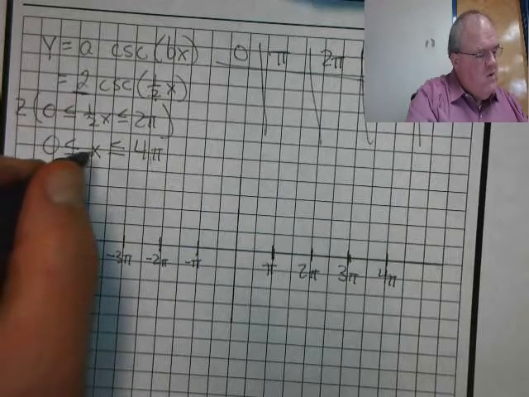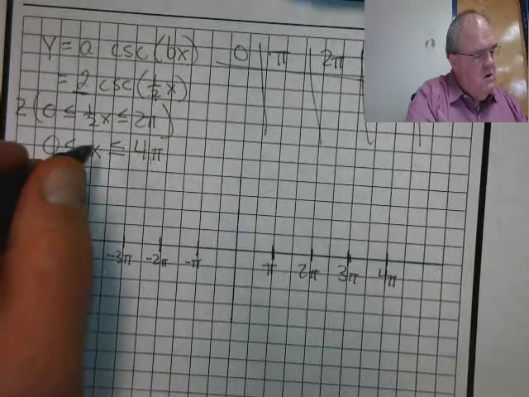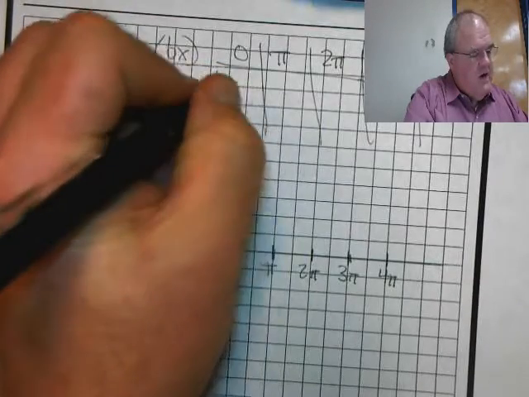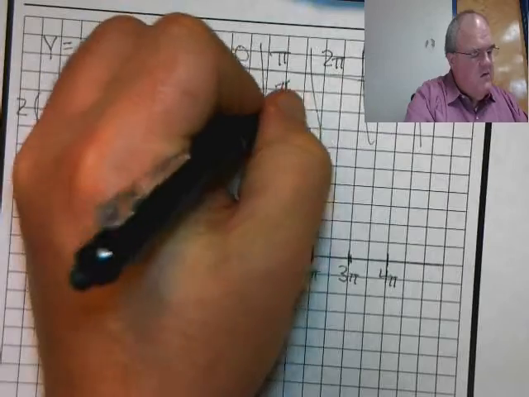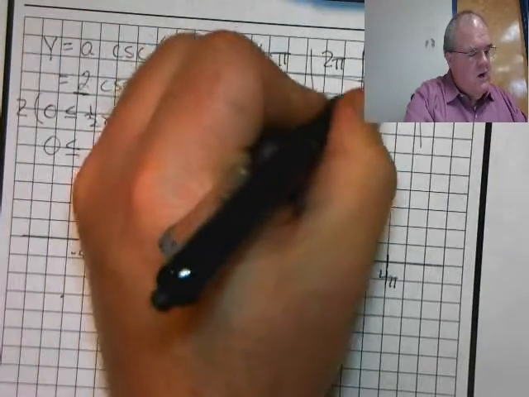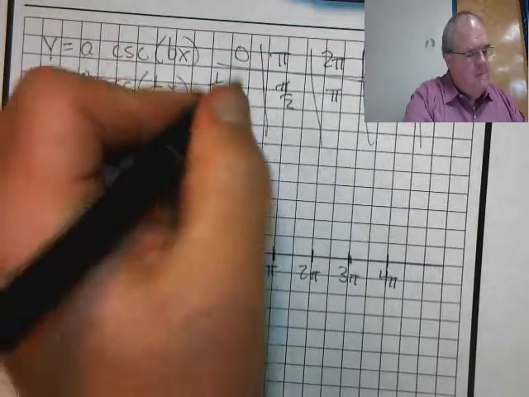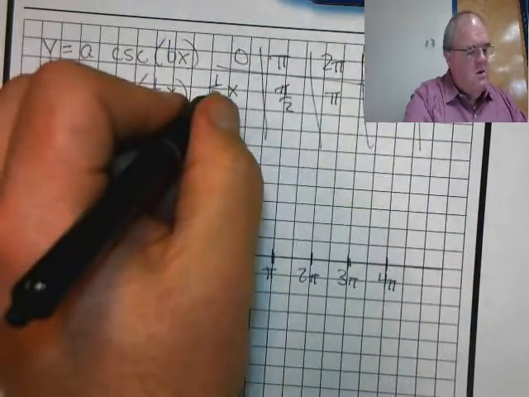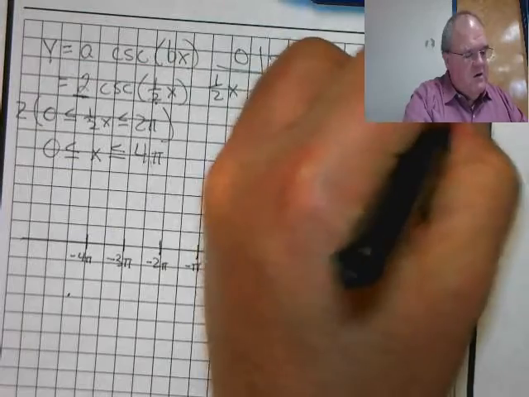All right, so I'm going to have 1/2 x. So 1/2 of pi is pi over 2. 1/2 of 2 pi is pi. 1/2 of 3 pi is 3 pi over 2. 1/2 of 4 pi is 2 pi.